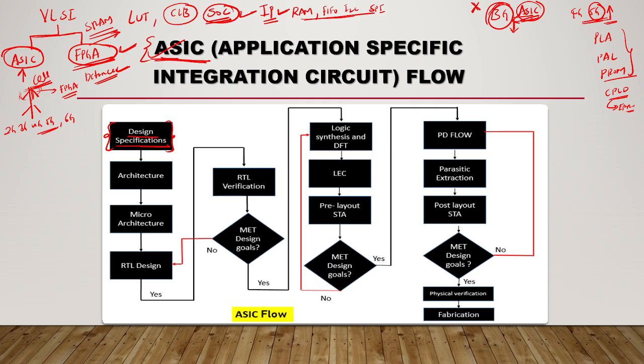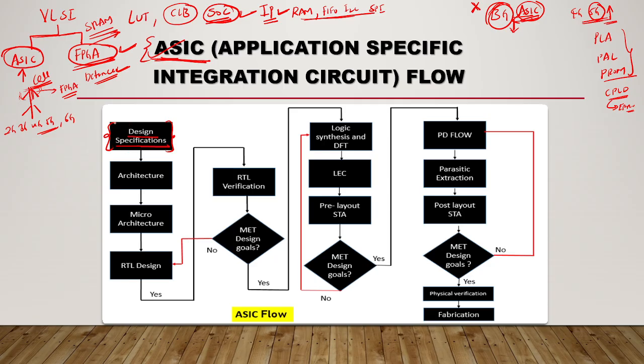Let us take that the IC is used for networking, or communication, or some defense purpose. First you need to find the application of that IC. After that, in the design specification, we cover power, how much power it will take, how much area it will take, and how many inputs and outputs there are.